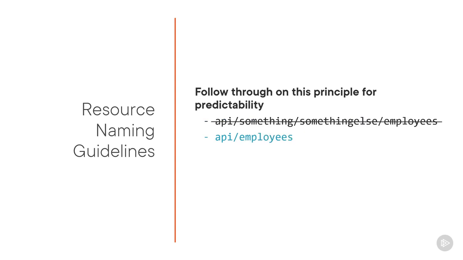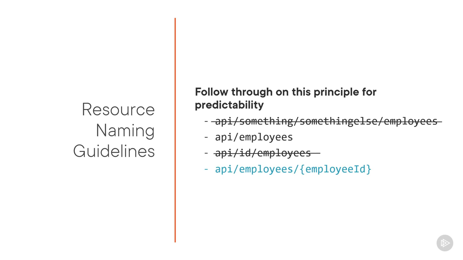We should name it API/employees. A single employee shouldn't then be named API/ID/employees. It should be named API/employees/the employee ID. This helps keep the API contract predictable and consistent.